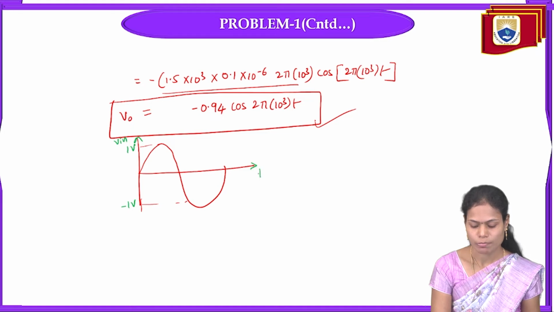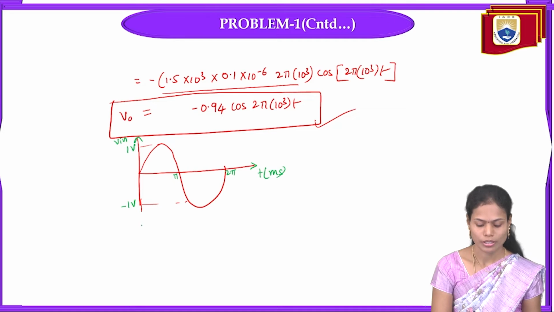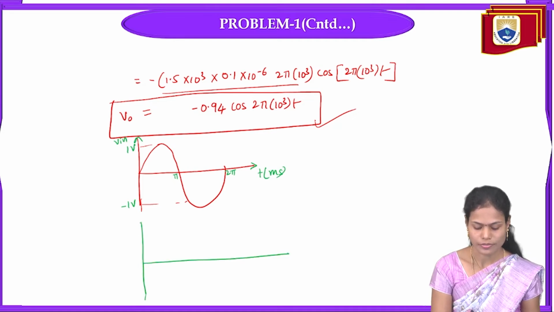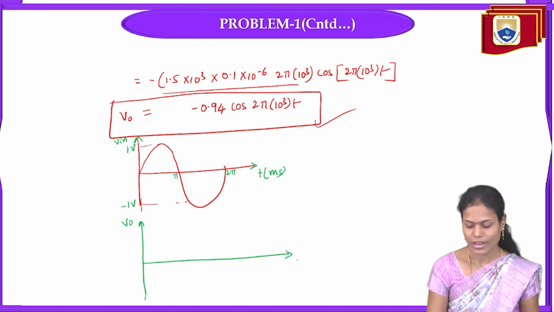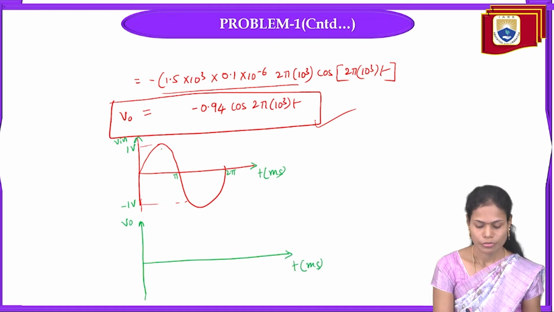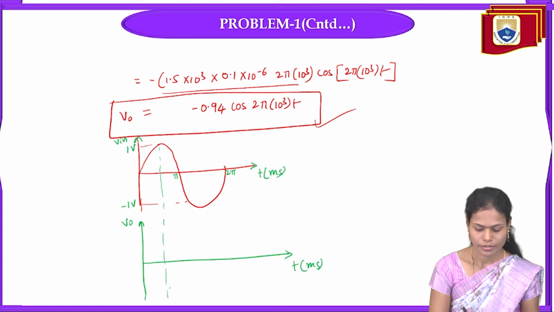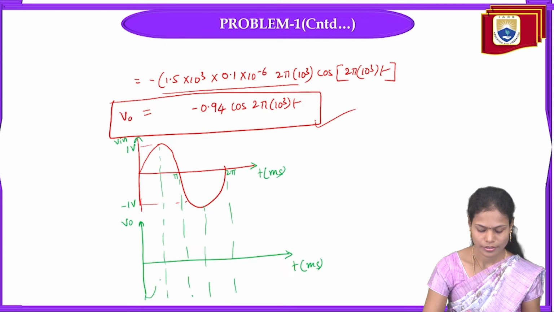It is varying with respect to t in milliseconds. This is pi, 2 pi here. So for this input signal, what is the output signal we got? This is V0. This is also varying with respect to t in milliseconds. So here we will get the output signal starting from here.